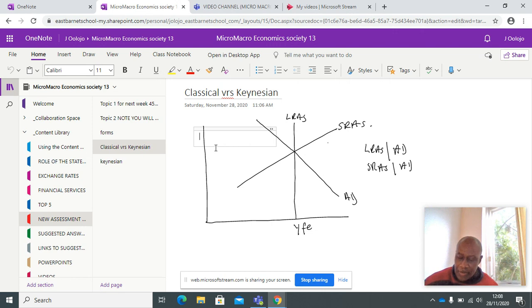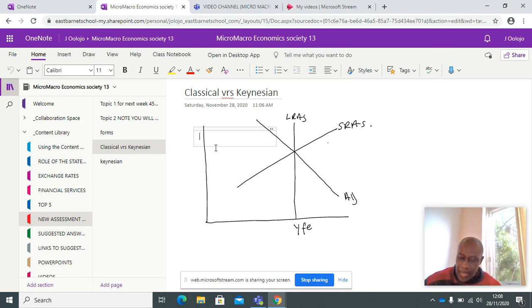So what happens here? We're at full employment. Remember, we're in a short run scenario. Now, let's suppose there's an increase in taxation for whatever reason. Maybe the government wants to reduce its budget deficit, so it decides to increase tax. That has an impact on consumption.